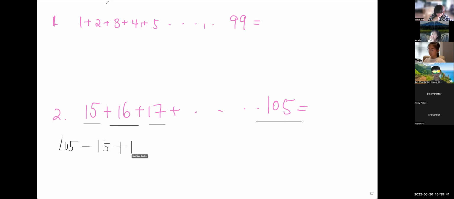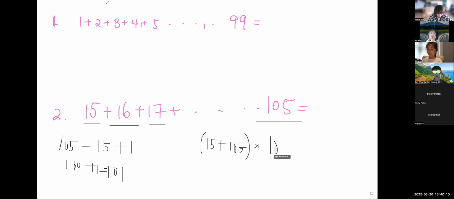Okay. So right here we have 100 plus 1, which is 101. Okay, so there's 101 numbers. And if you remember the equation to a consecutive series, it would be the first number plus the final number, times how many numbers there are, which is 101 in this case, and then divide by 2.